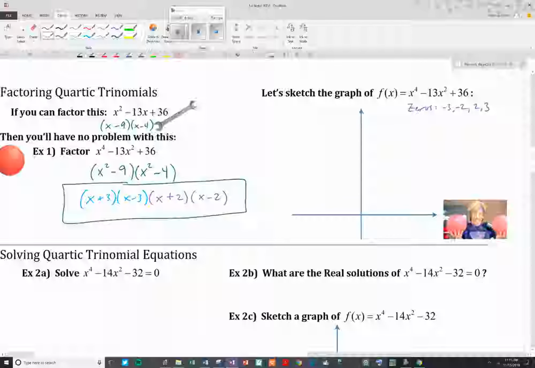Those are the zeros of that quartic trinomial. The zeros, remember, are x-intercepts. So we know that this thing is going to go through those points. We've got from that first guy, -3 and 3. And then we have -2 and 2. This sketch does not need to be to scale.